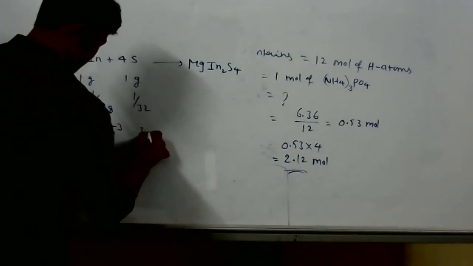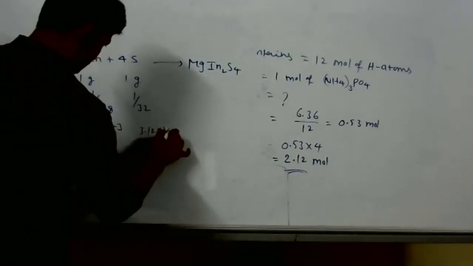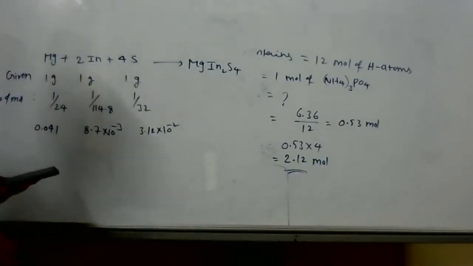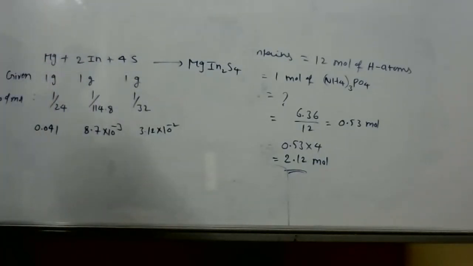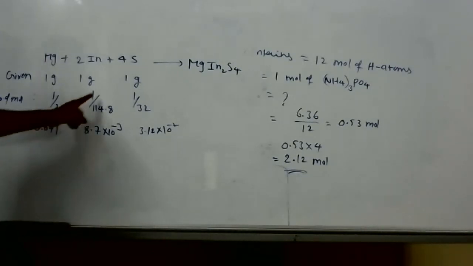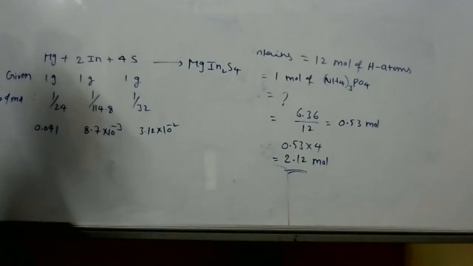Sir, instead we can write 24. We can do stoichiometry only by mass, right? Weight by weight, instead of mole by mole. I wrote given mass by molar mass to calculate the number of moles first. Sir, we can do mass to mass, then find how much mass of the compound is obtained, then find the number of moles.